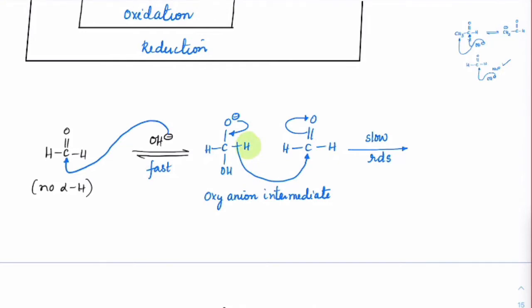The reason for the hydride shift is that this O minus is pushing electrons back towards the carbon by making a double bond. You can say it is giving a strong plus I effect. Because of that, this hydrogen can be released as H minus, and that H minus will attack as a nucleophile on this carbon, thereby giving us HC double bond OH.